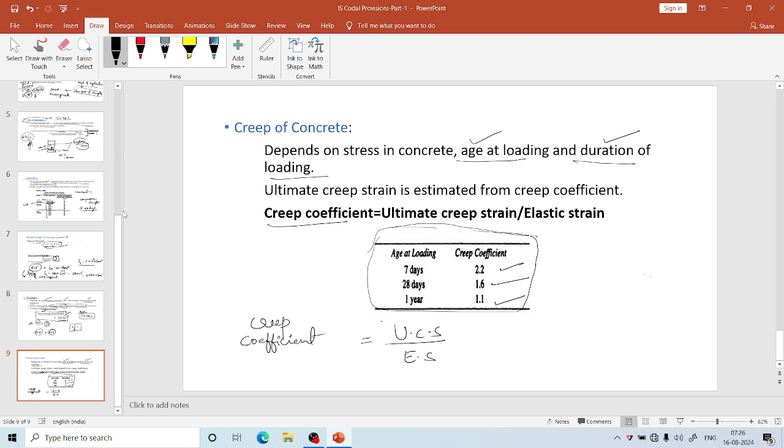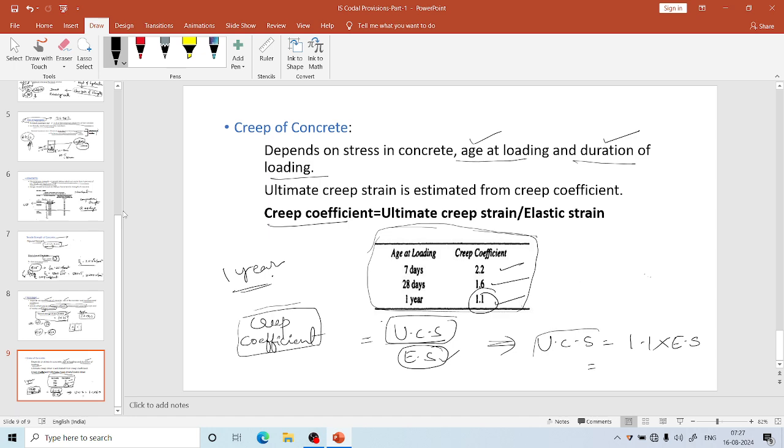If in the exam they give the elastic strain, and they mention the age at loading, say 1 year, and ask to find the ultimate creep strain, we can find it. For 1 year the creep coefficient is 1.1. So 1.1 times the elastic strain in the concrete, if we multiply this, we get the ultimate creep strain.